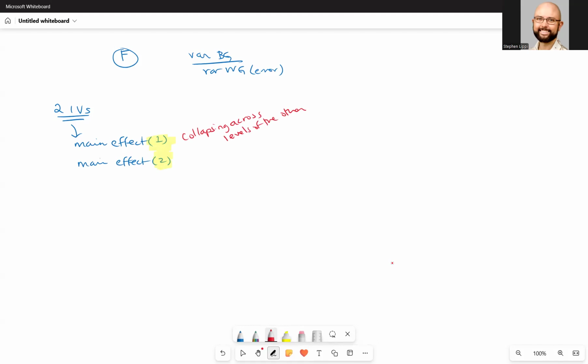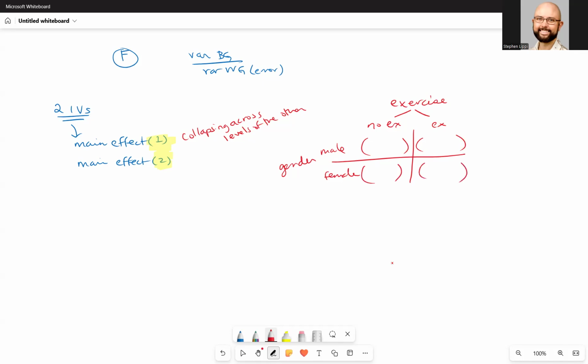So if I just draw something pretty simple like this, let's say we have exercise as my first factor, and I have no exercise and exercise. And then let's say I have gender, we have male and female. This leads us to have 4 total groups: male, no exercise, male exercise, female, no exercise, female exercise.